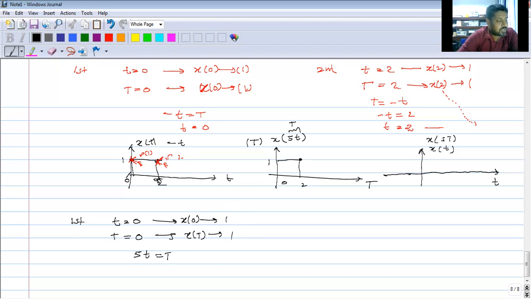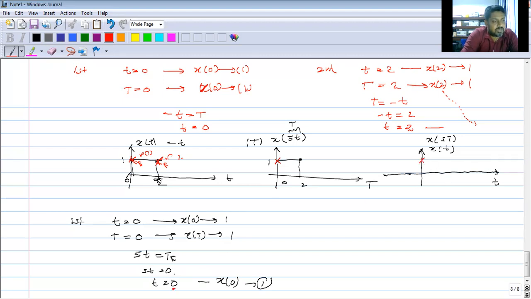So 5t is equal to 0 and t is equal to 0. So this point is at t equal to 0, no change.